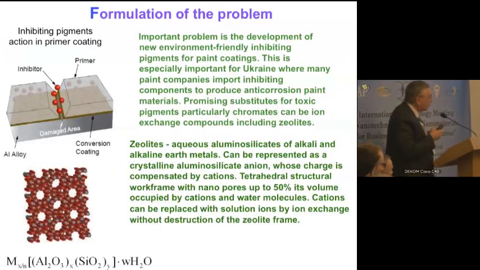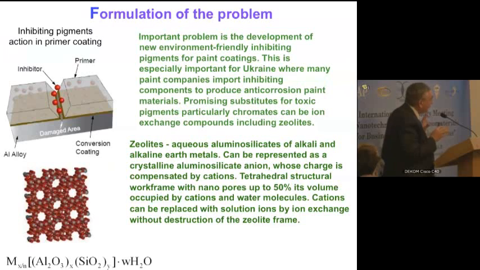They are basically not produced. A lot of them are imported from China, for instance. And in such primer coatings, the chroma materials are used. And even the US regulation, there's a document that regulates the coating of military aircraft.